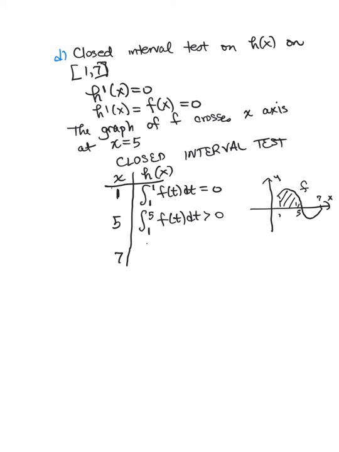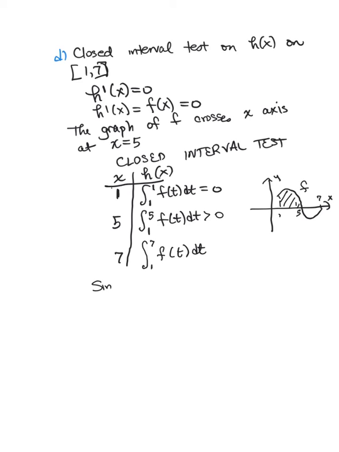Now, if we take a look at 7, we're looking at the definite integral from 1 to 7 of f of t dt. Here, we can't find a numerical answer, but we could discuss the sign.